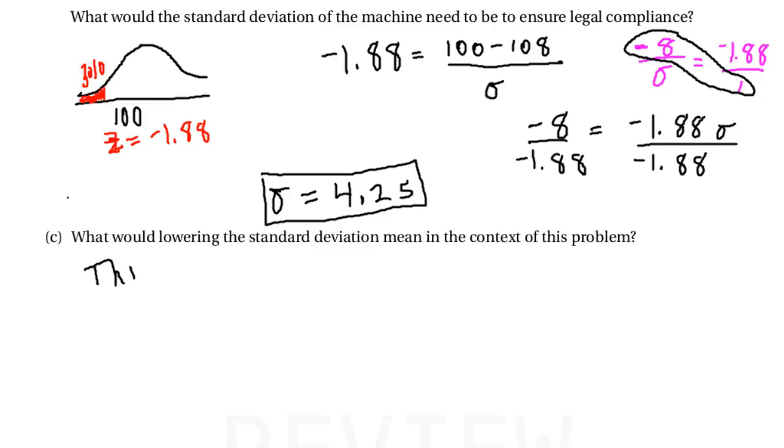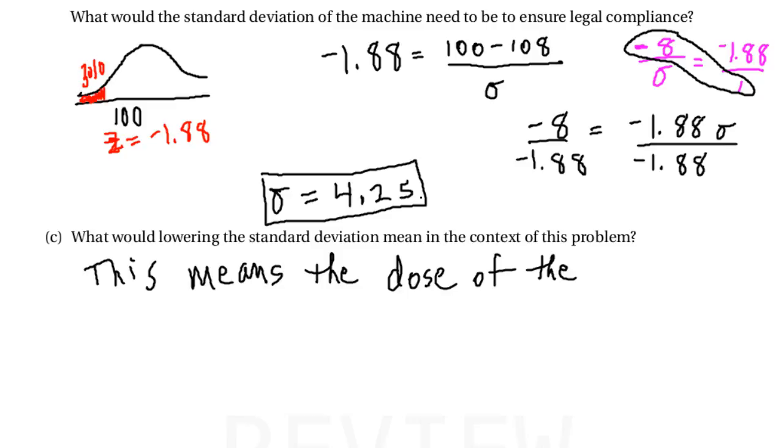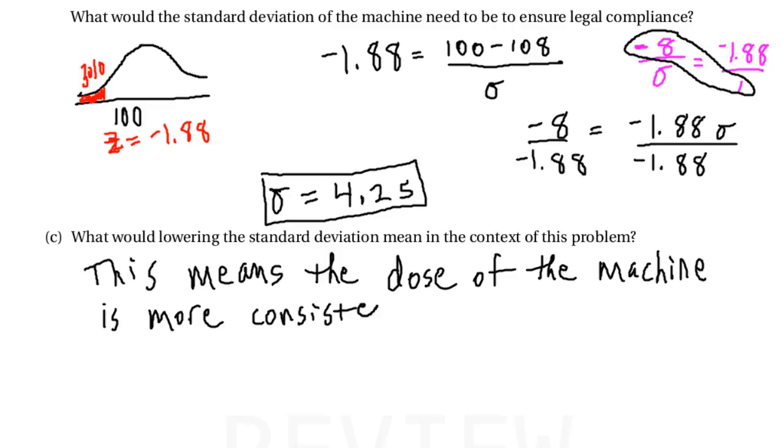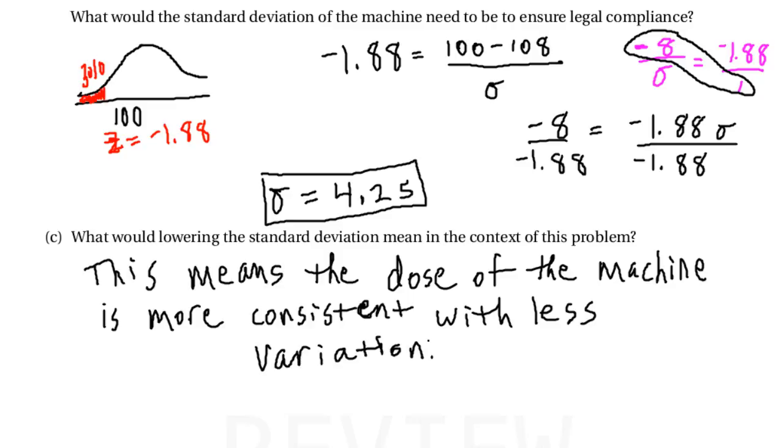So this means the dose of the machine is more consistent with less variation. That is what it means in the context of this problem.